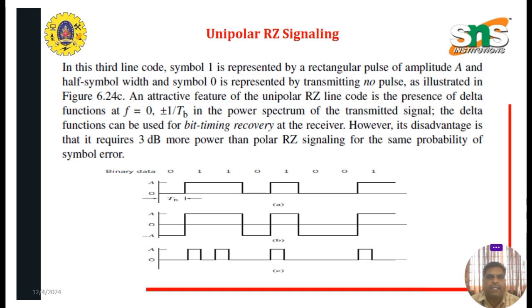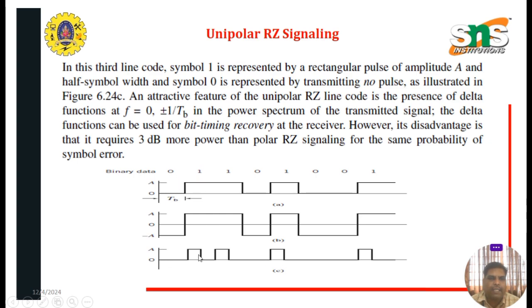Next is the unipolar RZ signaling method. In this third line code, symbol 1 is represented by a rectangular pulse of amplitude A with half symbol width, and symbol 0 is represented by transmitting no pulse. If you see this figure, for binary data 0, 1, 1, 0, 1, 0, 0, 1, whenever 0 comes, no data is transmitted.